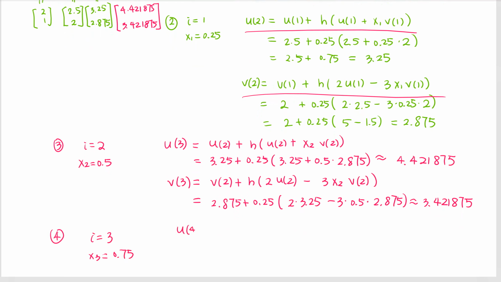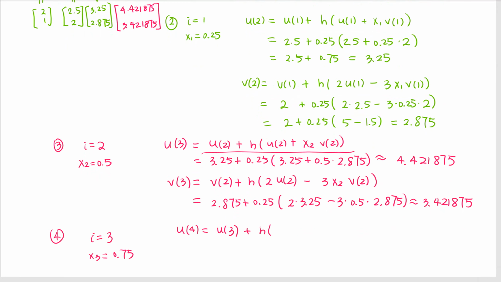And then we have u4, increase the index, so u3, x3, v3. u3 is 4.421875. h is 0.25.